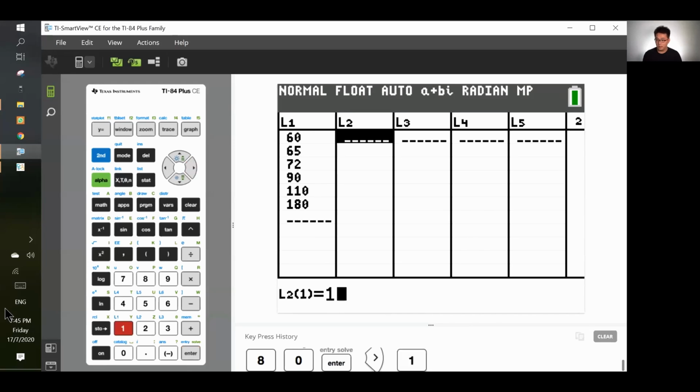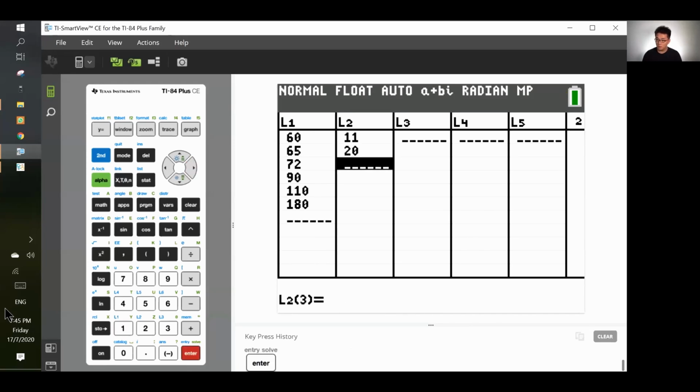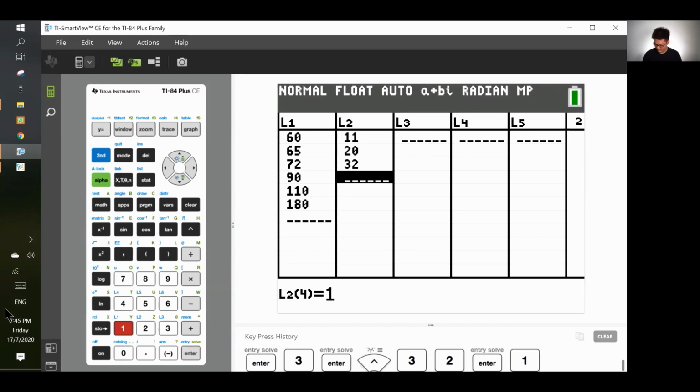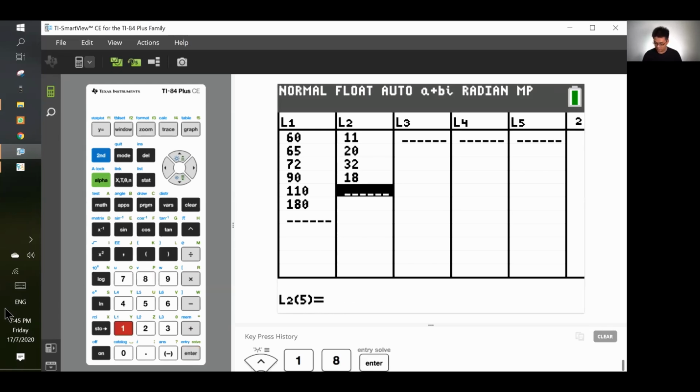Okay, then you have 11, 20, 32, 32, 10 and 6. Okay, can you calculate like that?